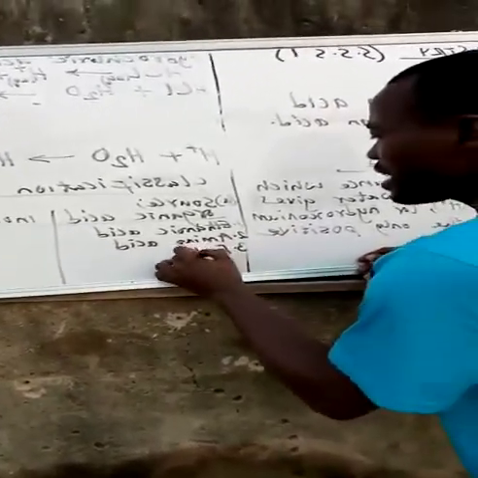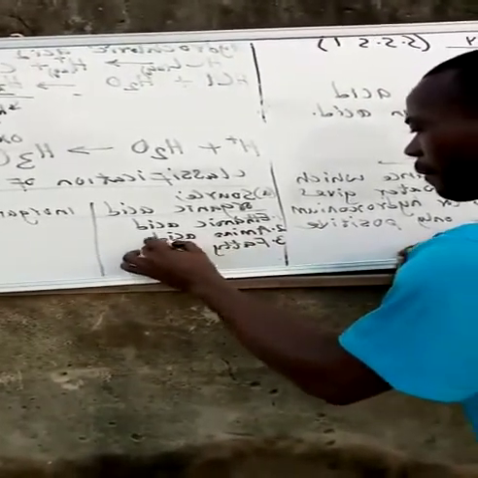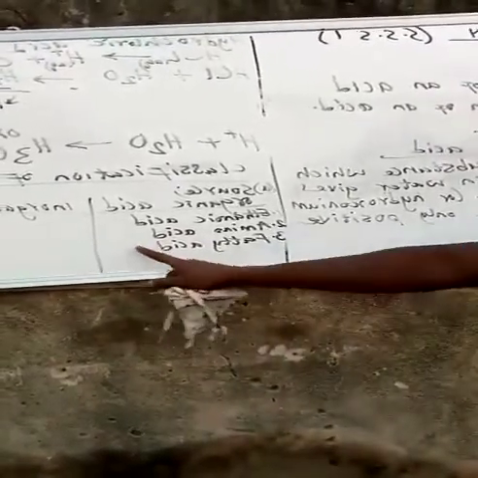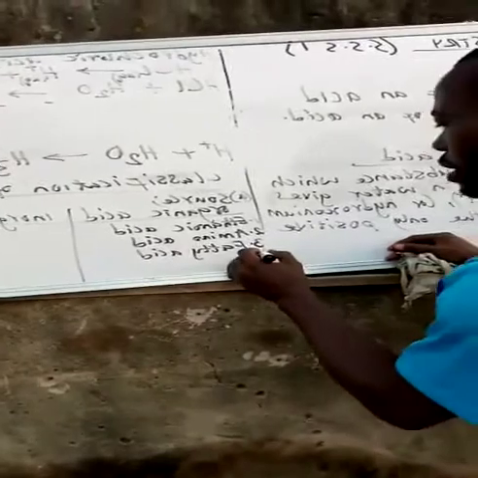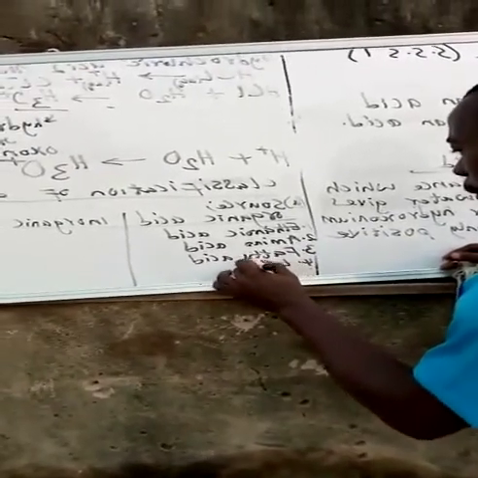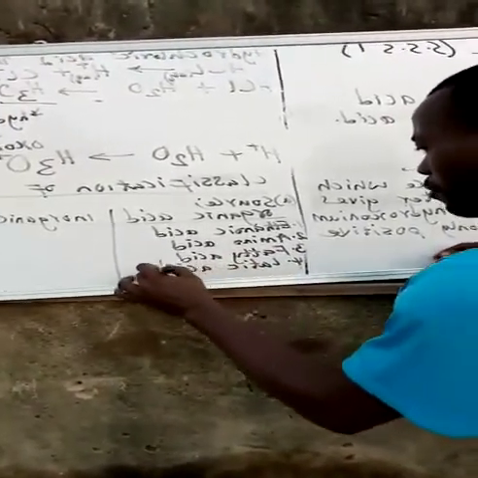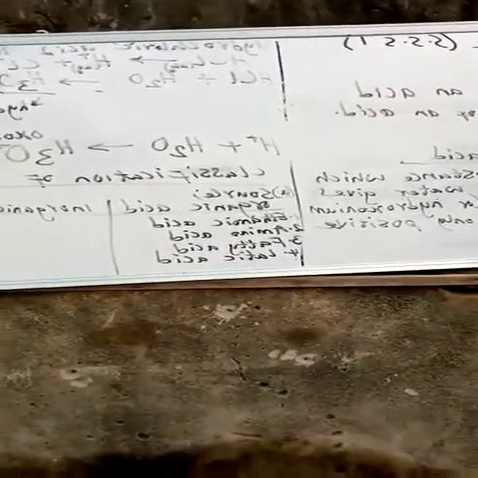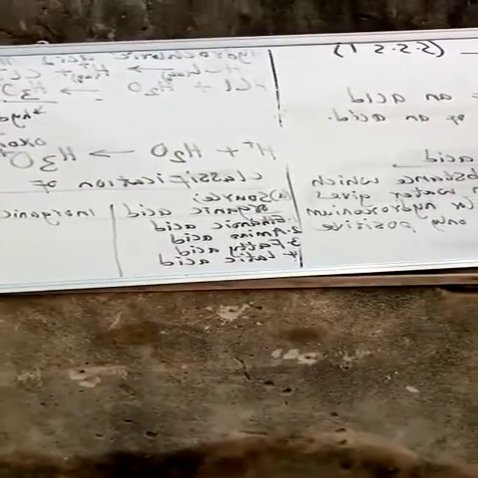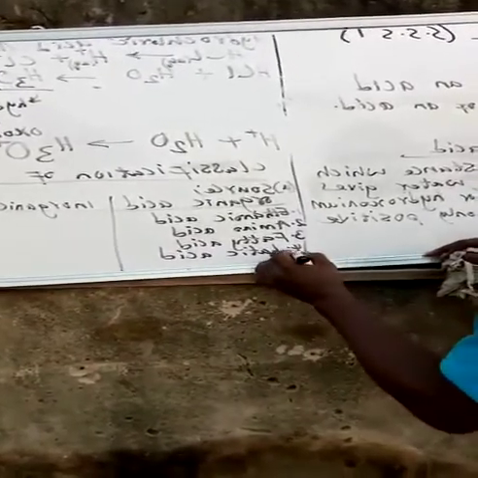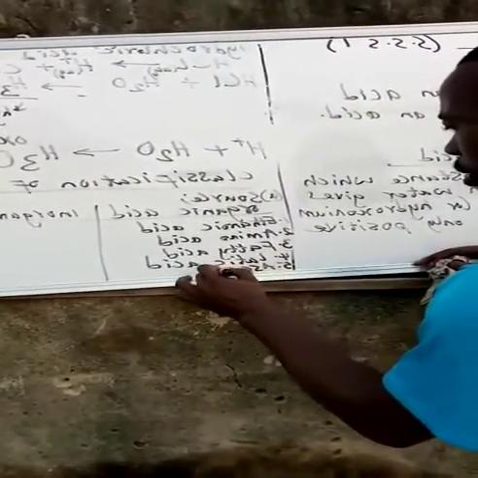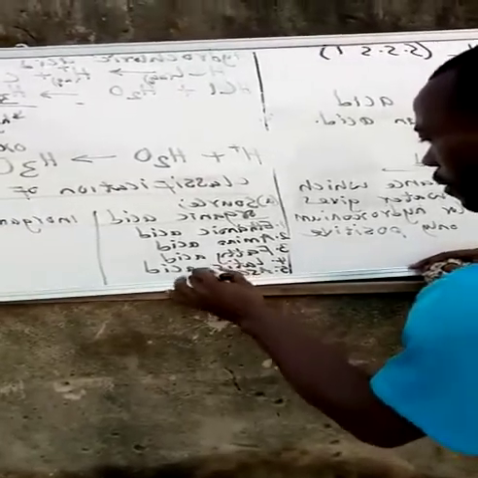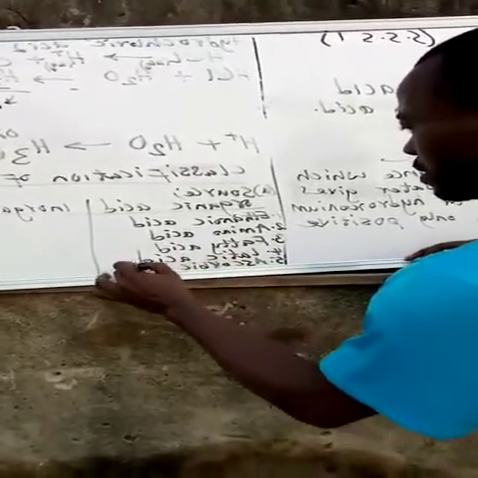We have the fatty acid, which is a product of fat and oil. We have lactic acid, which is found in milk. We also have ascorbic acid.